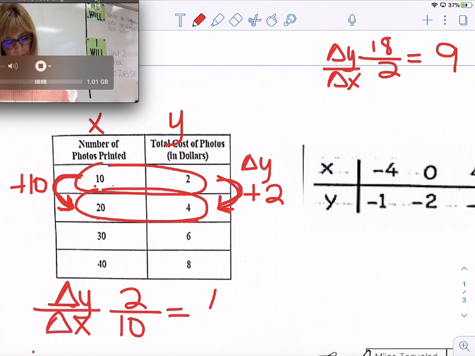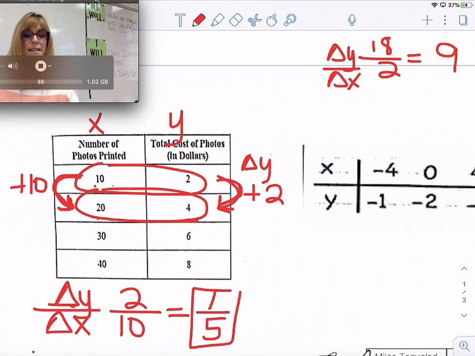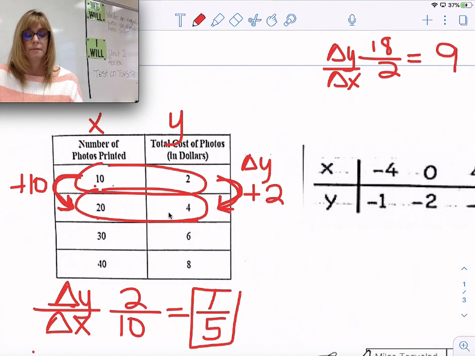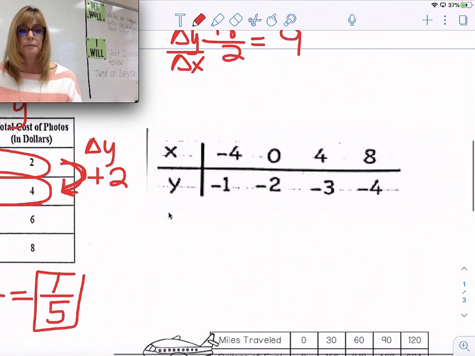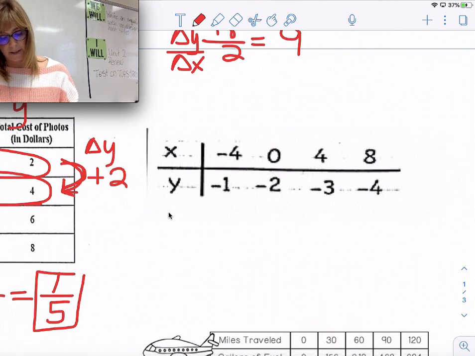And that reduces to a positive 1/5. So that is your slope from that table. It's basically saying it's $1 for every 5 photos that you print. $1 for 5 photos.